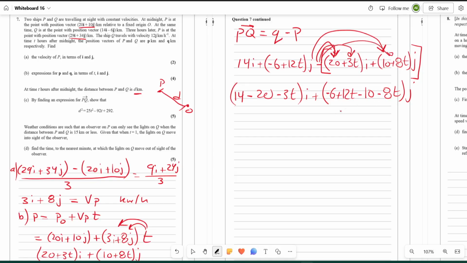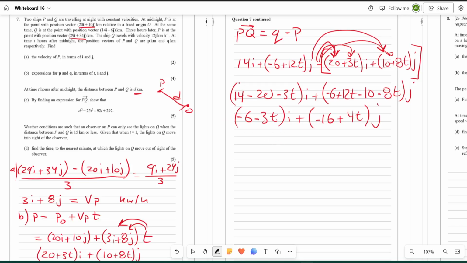So this is what I end up with. 14 minus 20 is -6 minus 3t in the i, plus -6 minus 10 is basically -16, and then 12t minus 8t is plus 4t in the j. So this is basically what I have turned out.